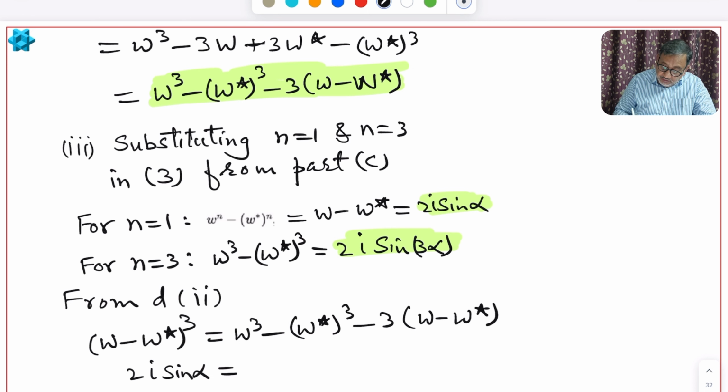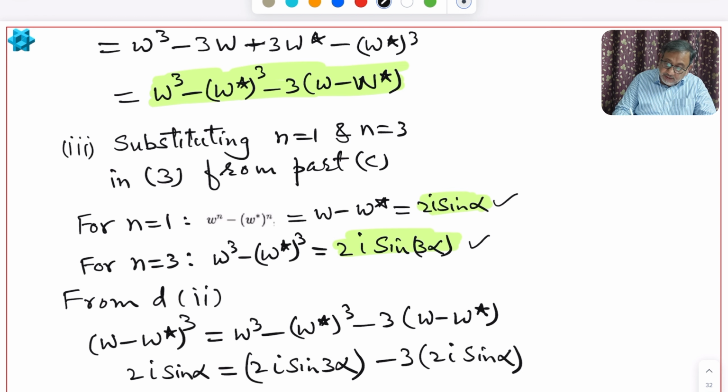So w cube minus w conjugate cube is this result, 2i sin 3 alpha, minus 3 times w minus w conjugate, which is this result, 2i sin alpha. Now from all of them we will cancel out i, so we will be left with, one minute, I will copy this result there.